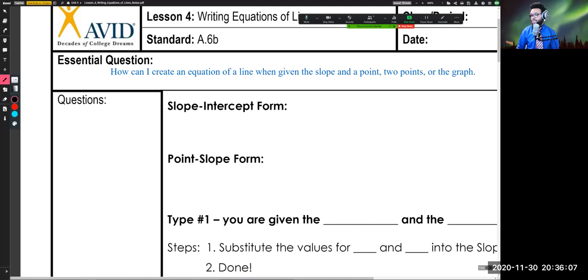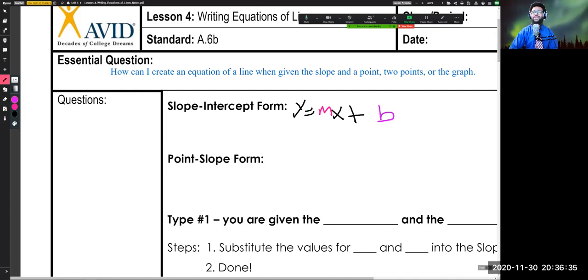So our slope-intercept form is going to be y equals, and then I'll have my m. That's going to be that pinkish color, x plus, and then I'll have my b be this purple color. y equals mx plus b. That is our point, not our point, slope. That's the next bit. That is our slope-intercept form, okay?